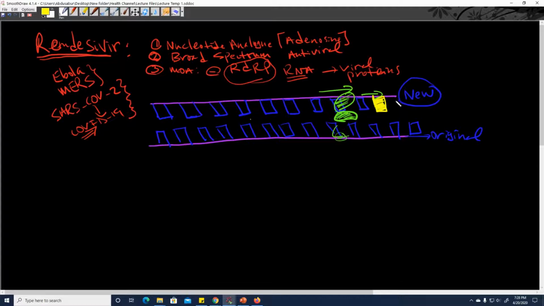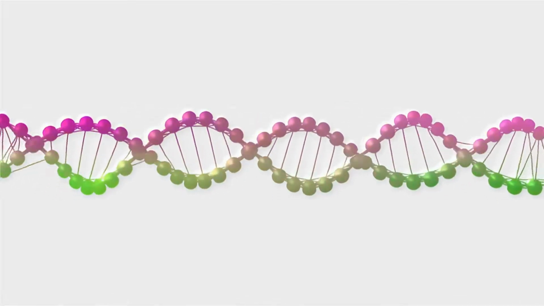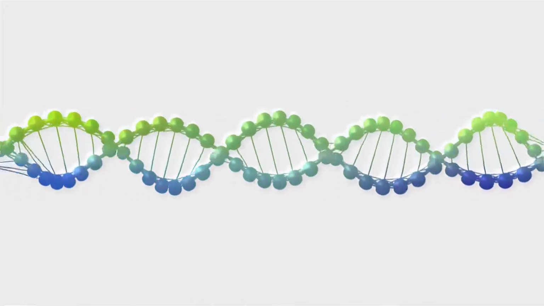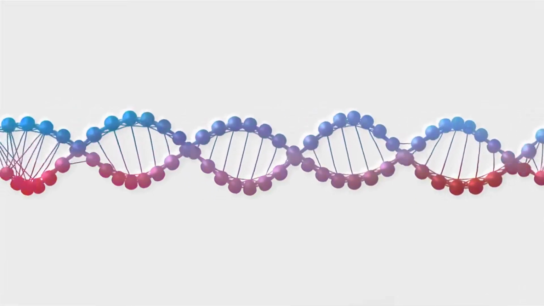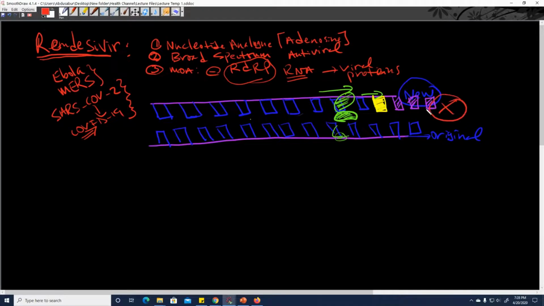It's going to make two or three more copies, and eventually it's going to stop here. Okay, and this process is called delayed chain termination.